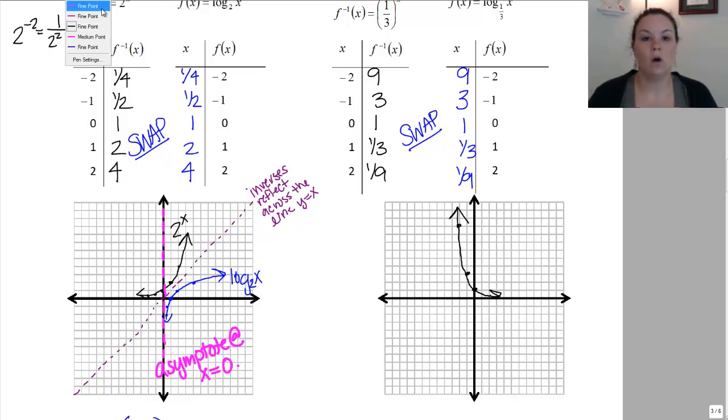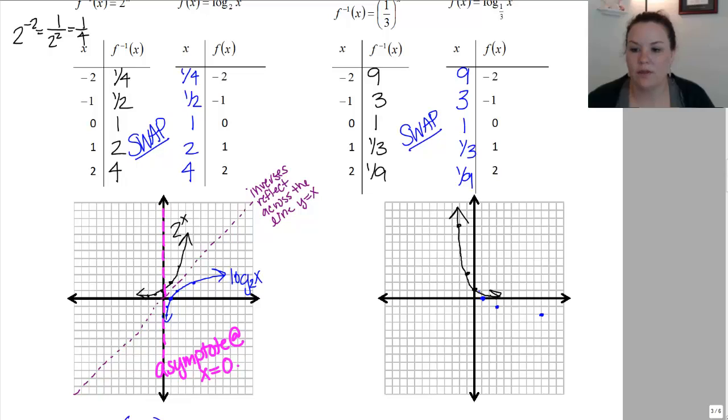And then whenever I swap those ordered pairs, that means when x is out at 9, I'm down at -2. When x is 3, I'm down at -1. When x is 1, I'm at 0.